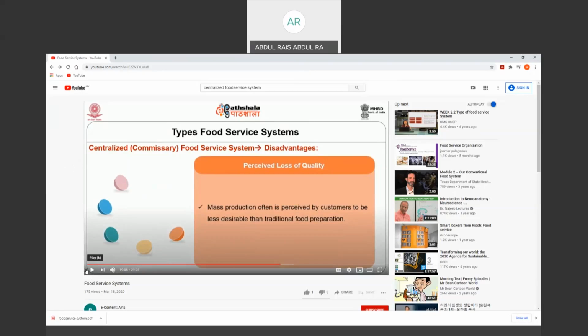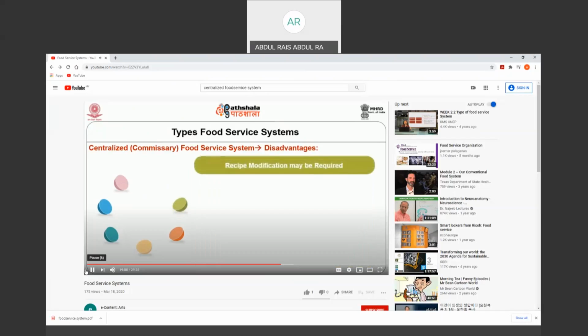Walaupun kita state situ kita pakai fresh ingredient, tapi tak semua customer know atau belajar food service and dia orang tak tahu centralized kitchen tu macam mana, dan dia orang mungkin skeptikal lah, makanan ni dia masak pukul apa, aku makan pukul 12, makanan ni dia masak pukul apa, pukul 6-7 pagi ke, macam mana dia maintain fresh ke tak. So that's what perceived loss of quality means.